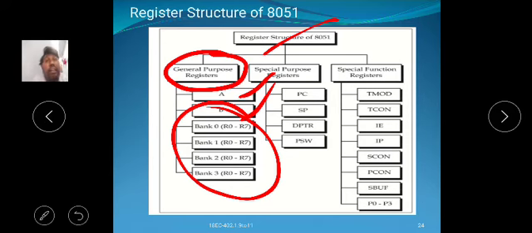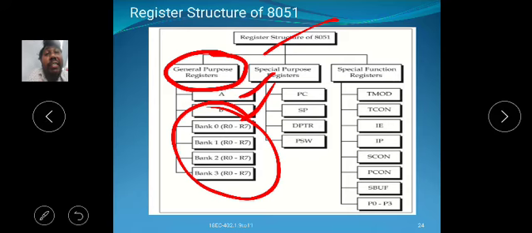This is the entire register structure of the 8051 microcontroller, which has the general purpose registers, the special purpose registers, and the special function registers.